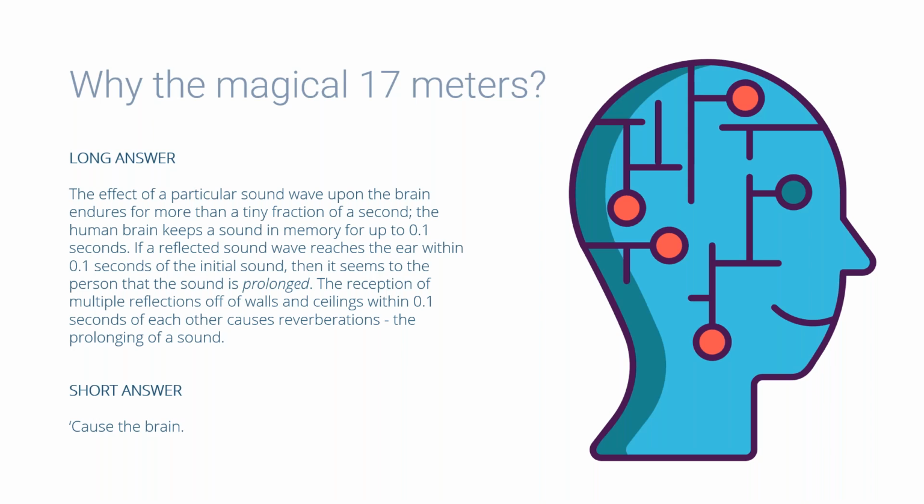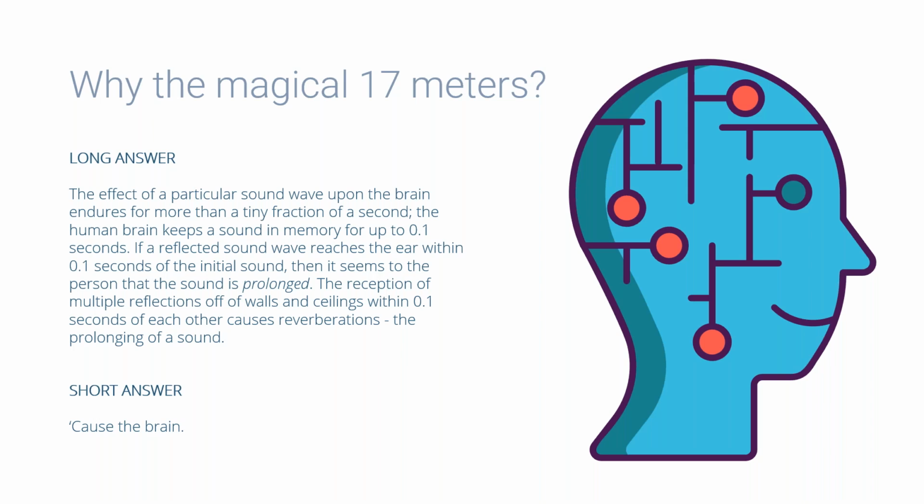And so why, right? What's so magical about these 17 meters? Why does it sound so different when we make that change? Well, I put down two answers for you here. One is the long technical one, one short. The short answer is because of the brain.